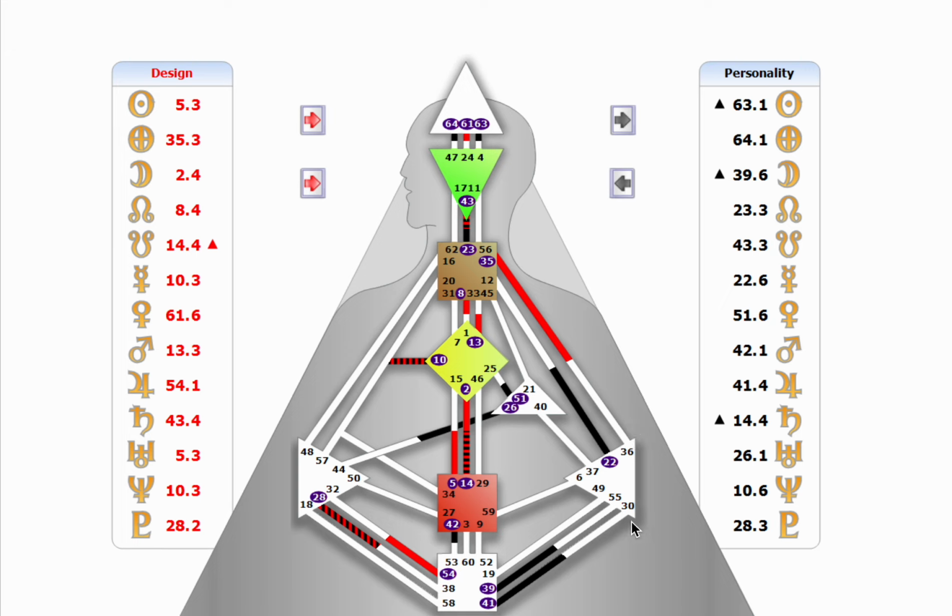So, in the example of the emotional solar plexus, a lot of folks who have this open might tend to actually avoid confrontation. We might tend to avoid situations that we think are going to be really emotionally activating or uncomfortable.